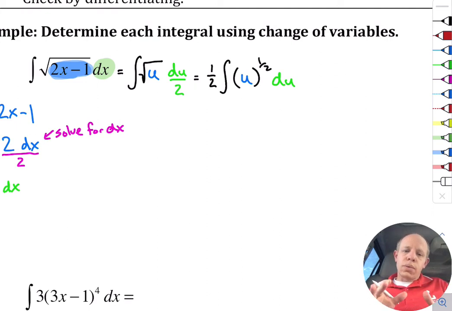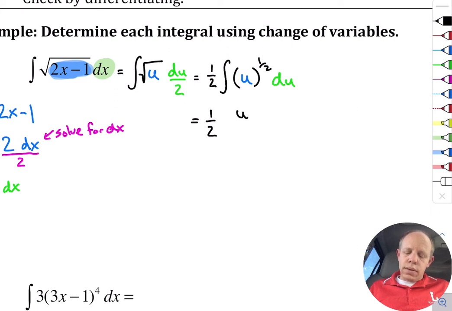So this no longer really looks like a composite function. Okay, it looks kind of like if we had x to the 1/2 dx. And so we're able to actually integrate this just like we had done before with an antiderivative. So we have the 1/2 on the outer part, and then we think the antiderivative of u to the 1/2 will be u to the 3/2, and instead of dividing by 3/2, we're actually going to multiply by 2/3, and then we'll have a plus c.